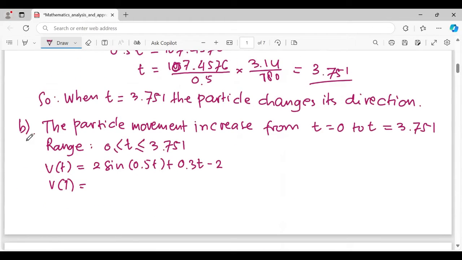So if t equals 1, based on my calculations, the result is minus 0.74. And if t equals 2, the result is 0.2834.